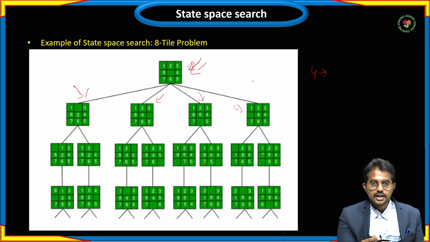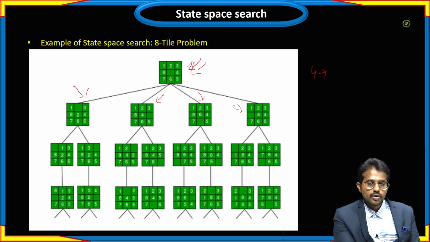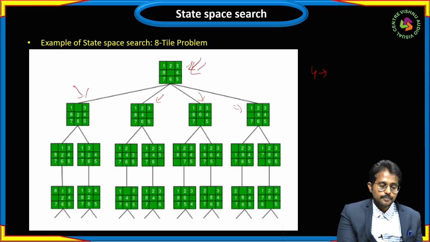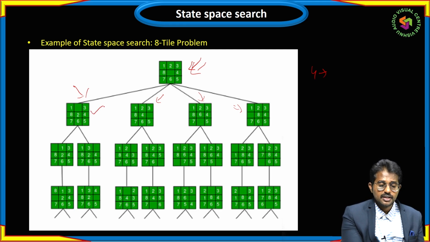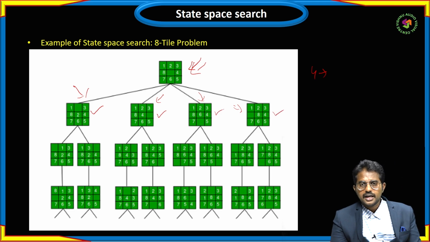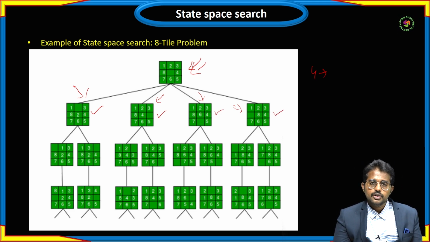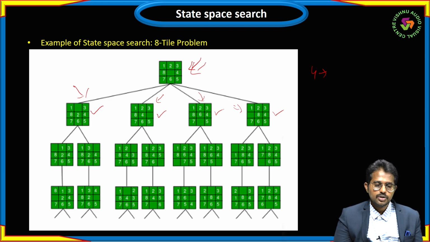Among these 4 different states, we can select any one. By using this state based search algorithm, one person can select the first one, another can select this one, and so on. Anything can be selected, it is okay.